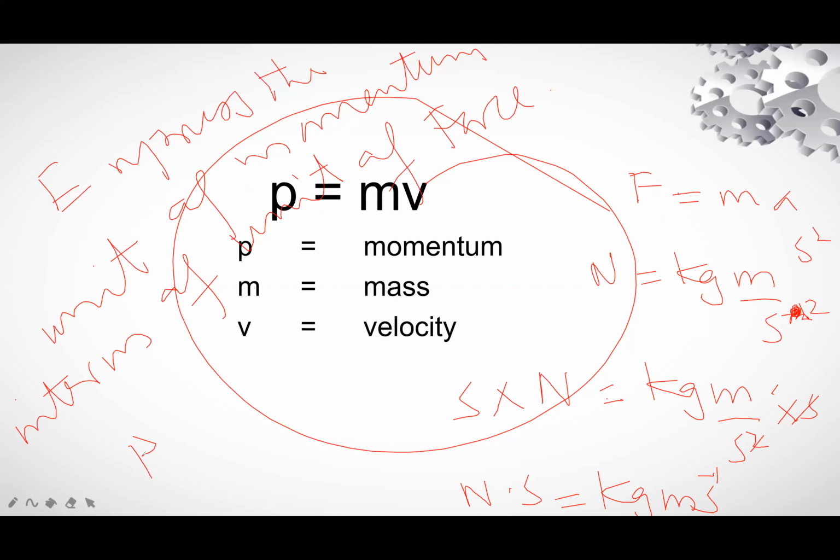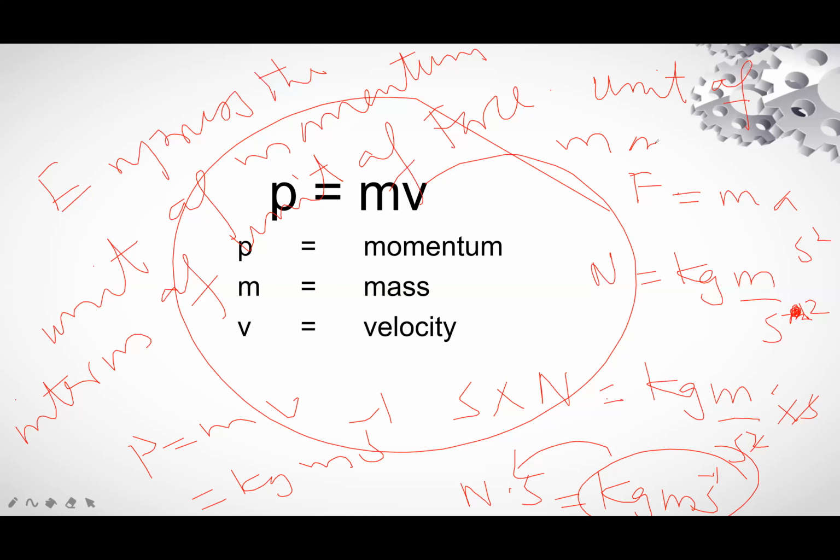P is equal to mv. Unit of momentum is kilogram meter per second. So this is the unit of momentum, and we express it in terms of unit of force. So unit of momentum is Newton second, and this is the derivation.